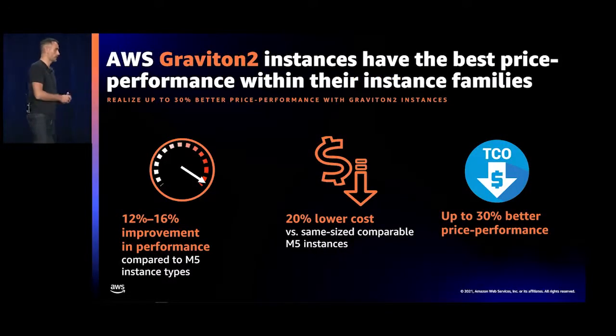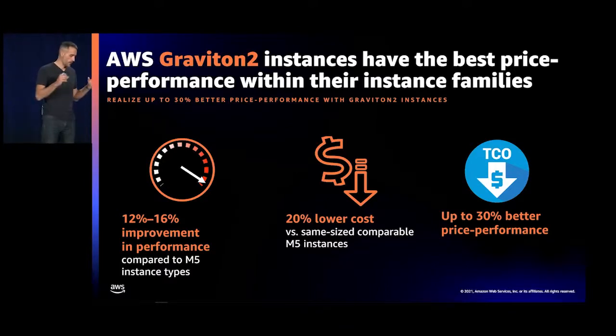Another optimization is to use the Graviton 2 instances. These are custom designed by AWS based on the ARM architecture. And they are providing a benefit of 30% in price performance with two different points.